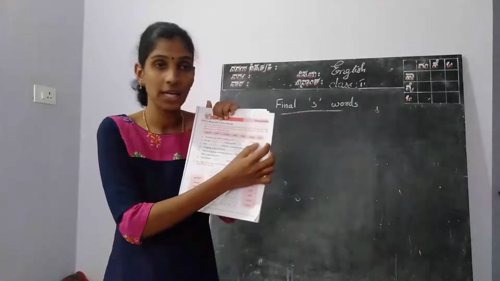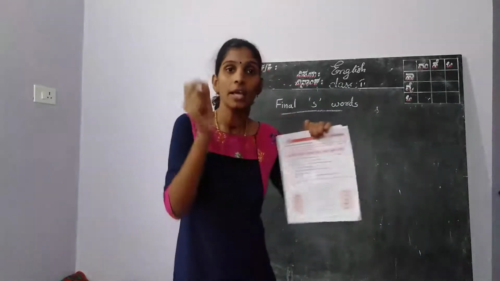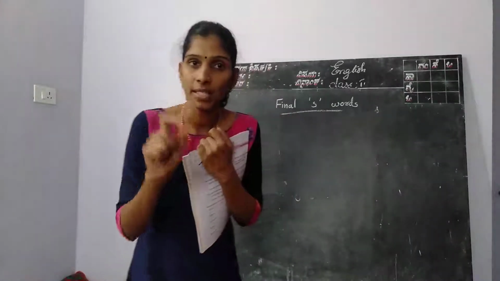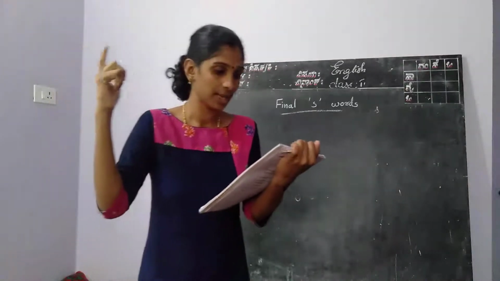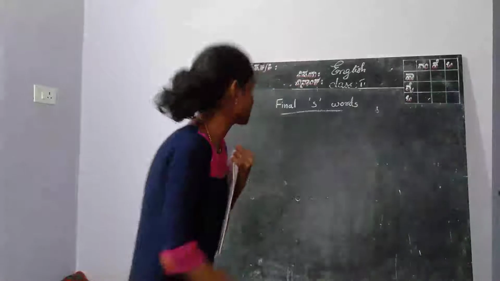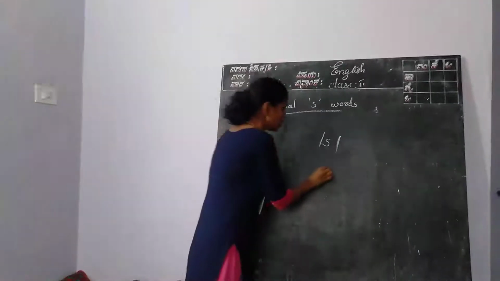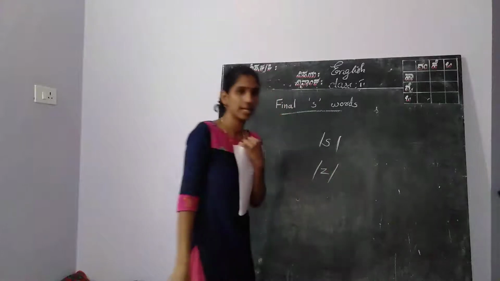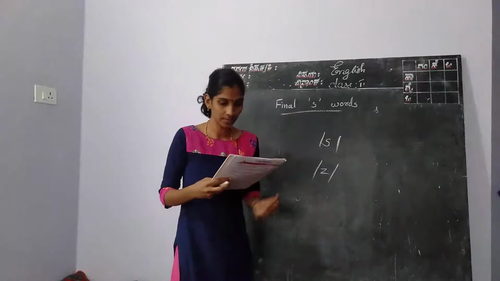If the word is ending with the S sound, we can write S like this. If the word ends with the Z sound, we can write Z like this. Okay, this is the activity.